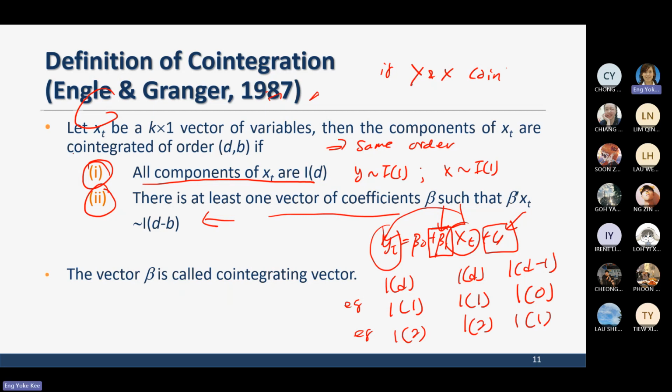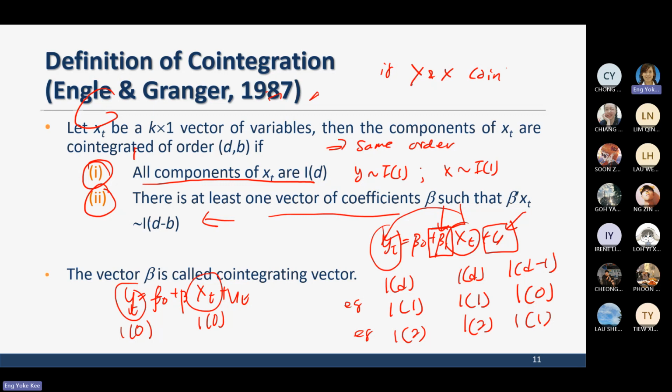All right. Now, what if it is I0 and I0? If this is I0, this is I0, so this is stationary already, this is stationary already. So in this case, there is no need to do co-integration.